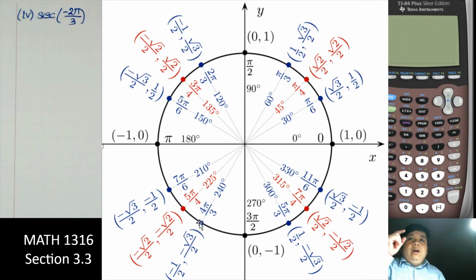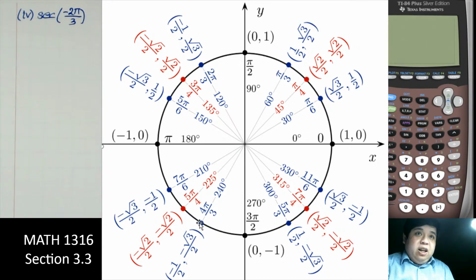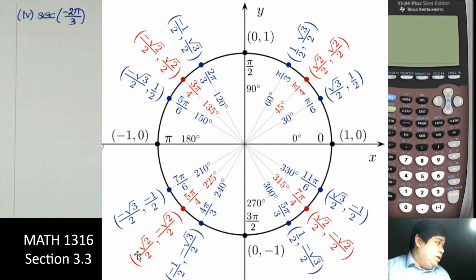So counterclockwise is positive, clockwise is negative. So we go clockwise, negative. The mouse pointer will be right there.